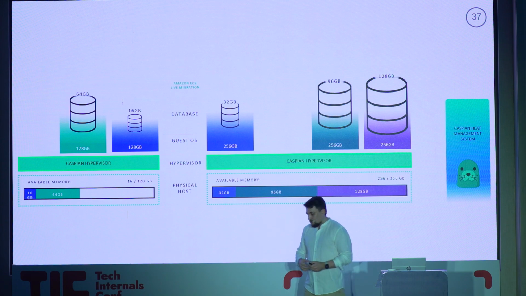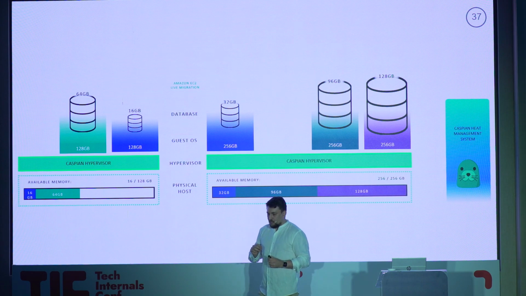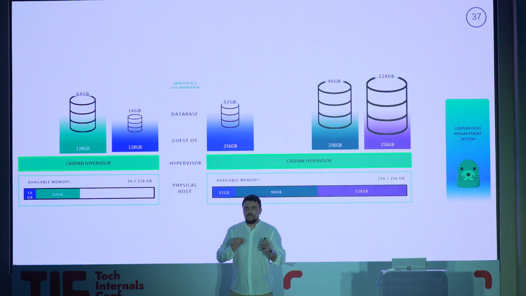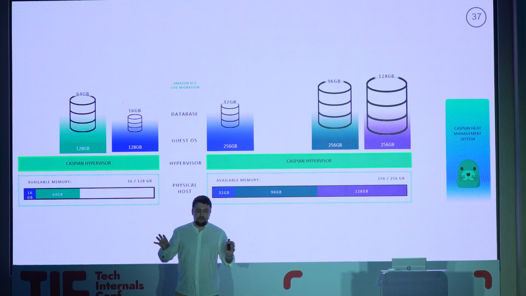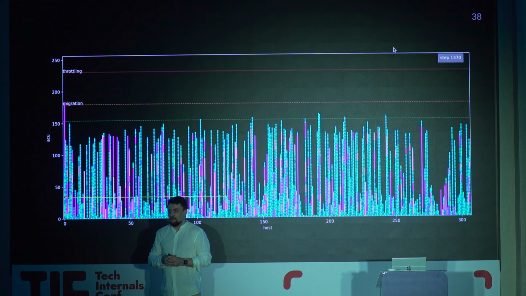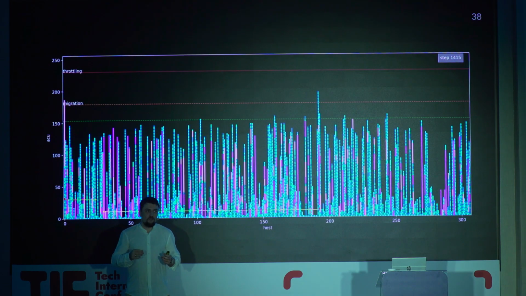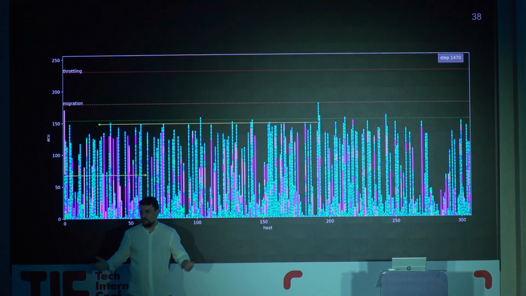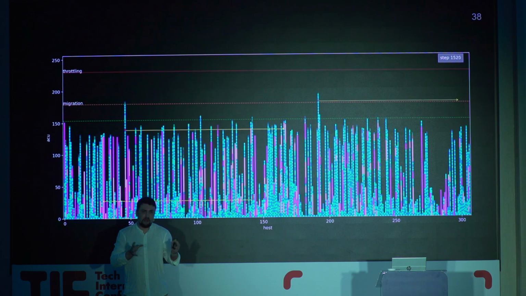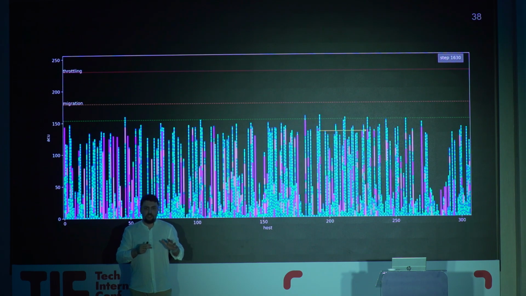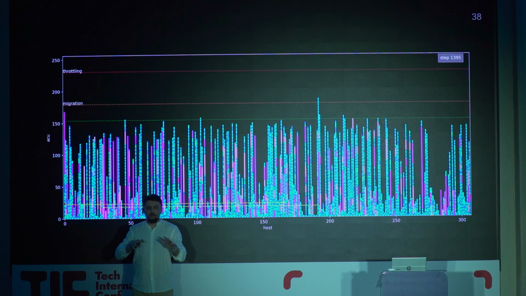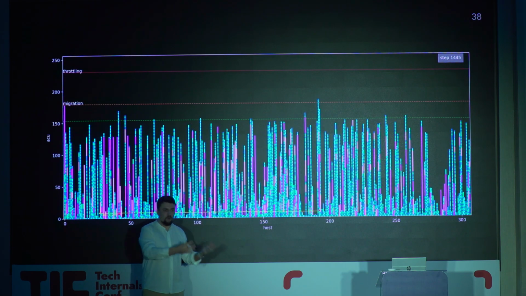So the main point here is that Caspian is a live system. It controls all of our databases all the time. This diagram shows live metrics from production, not the whole of AWS production for sure, just a small part, but the main idea is to show that Caspian controls who consumes which resources in Aurora.